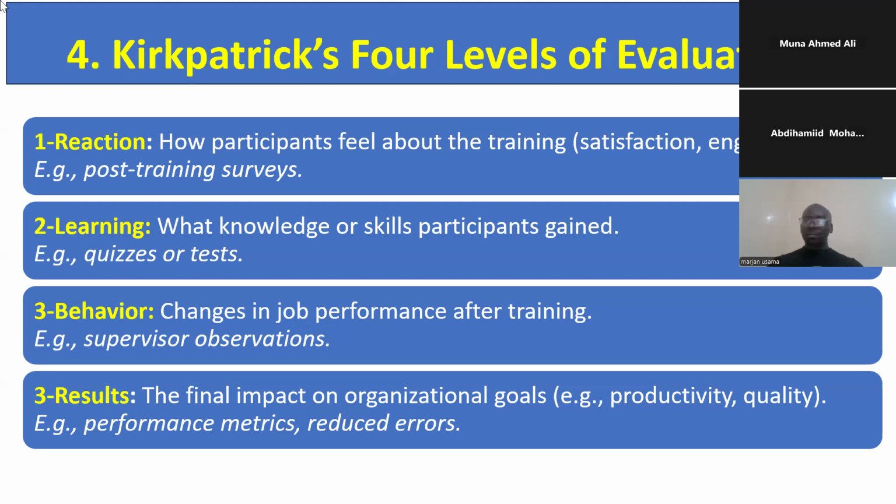So the first question: the quiz will be only three lessons, lessons 1, 2, and 3. The introduction to human resource, then lesson 2, job analysis, then lesson 3, human resource planning. Those three lessons you'll find in your quiz.